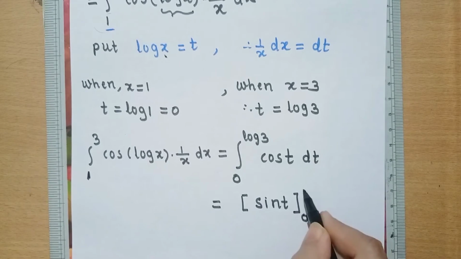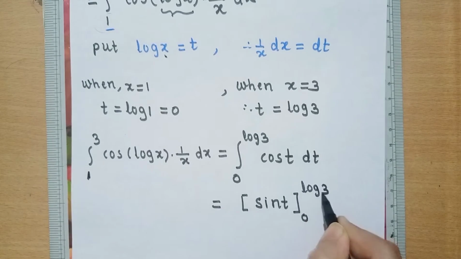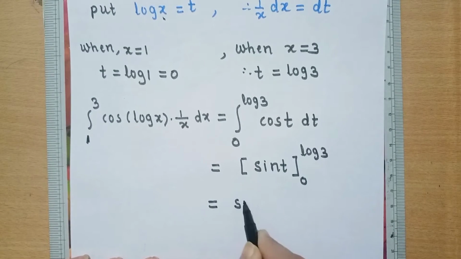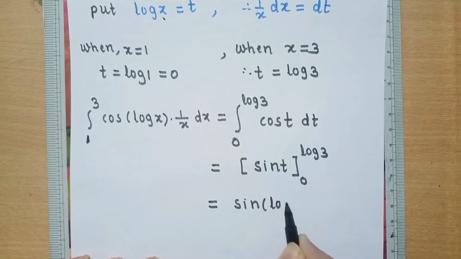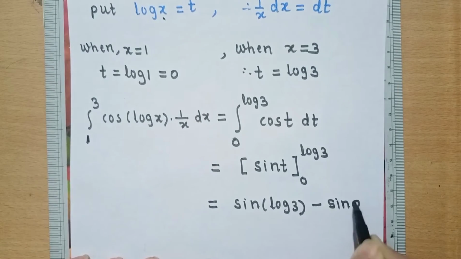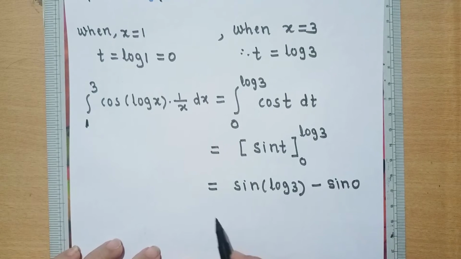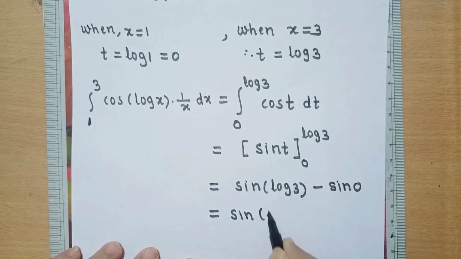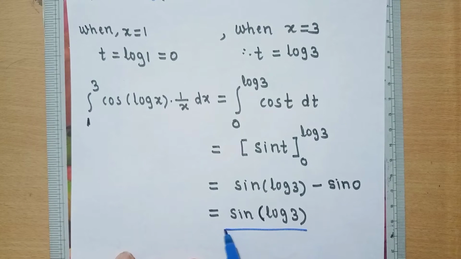Write down the lower limit downside, the upper limit upside, and then we will substitute first the upper limit, and so sine of log of 3 minus sine of 0. Sine 0 is 0, and so the final answer is sine of log of 3. So by this way we have to solve the next examples.